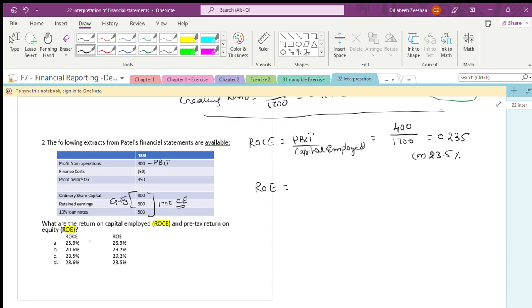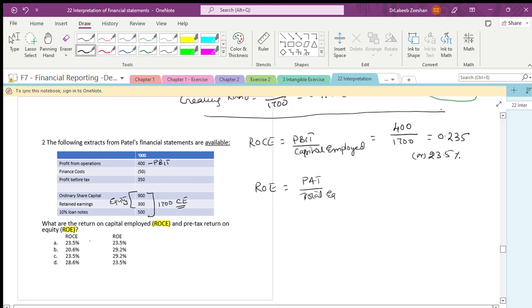Return on equity. What is our formula for return on equity? Profit after tax divided by total equity.